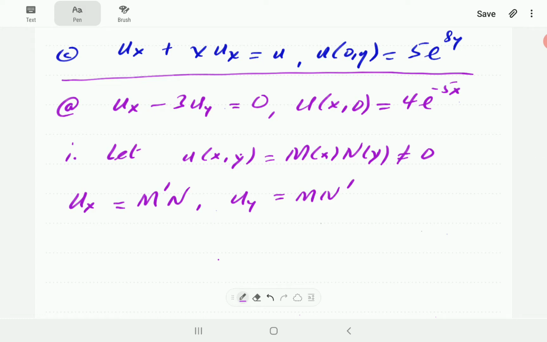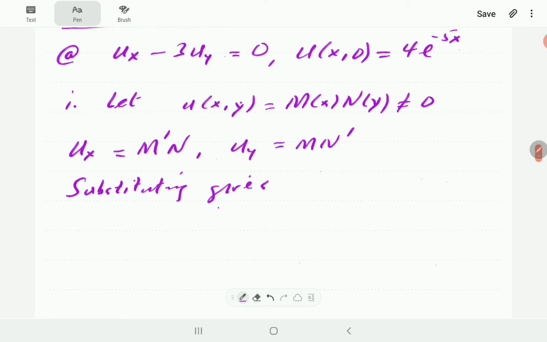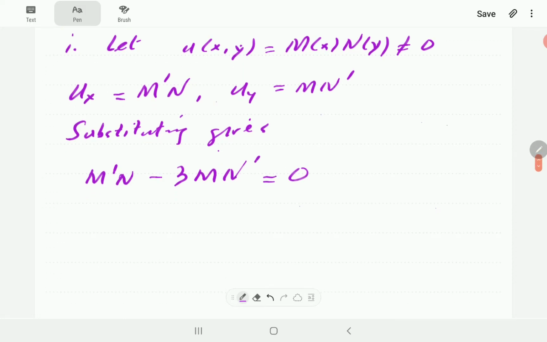Then we are going to substitute into the PDE. So substituting gives m prime times n minus 3 times m times n prime, and this is equal to 0.